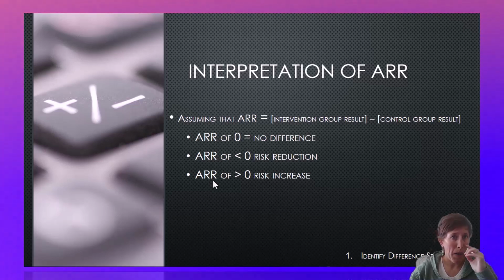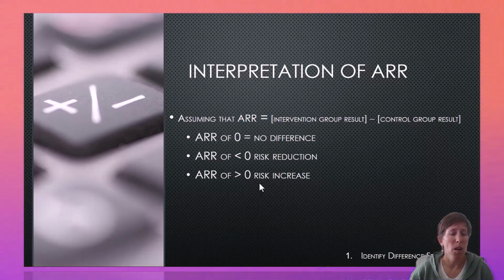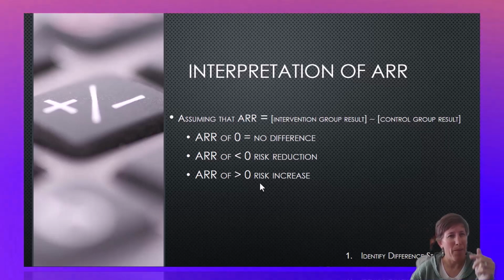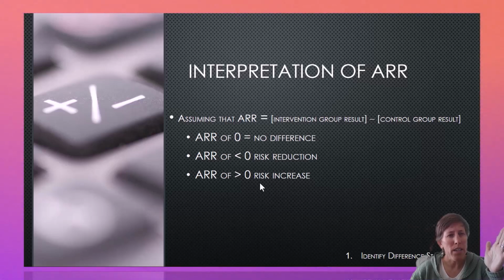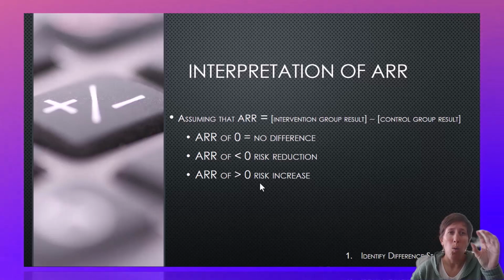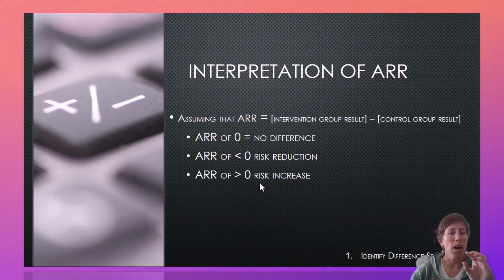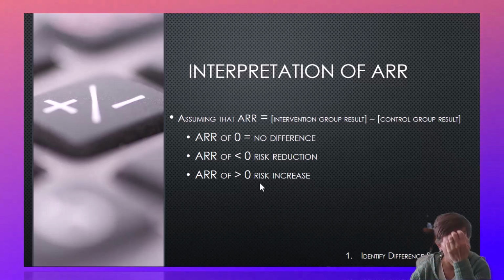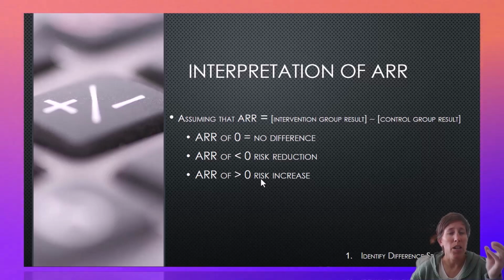If our ARR is greater than 0, so here we have to reverse it. If the 18% of the ramipril had a stroke, where 14 of placebo had stroke, that's 18 minus 14, that's positive 4. And we're saying that there was a risk increase in the population that took ramipril.